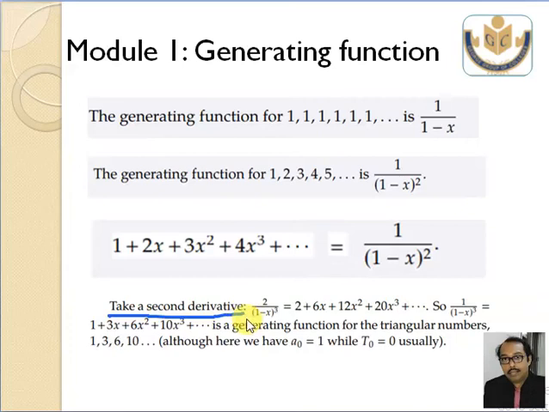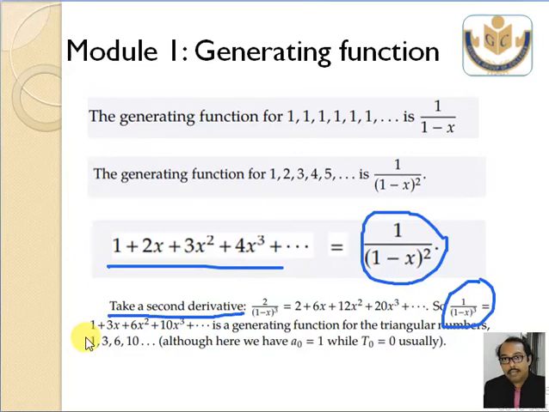If you differentiate this again, you will find 1 by 1 minus x cube, and the left side will become something like this. Clear? So this is the second derivative of 1 by 1 minus x square. This is not required. There is less chance that this kind of question will come.